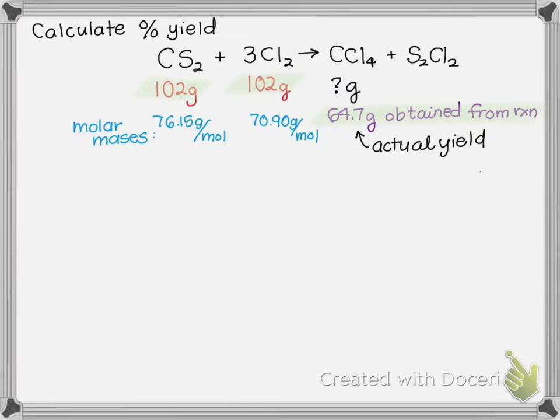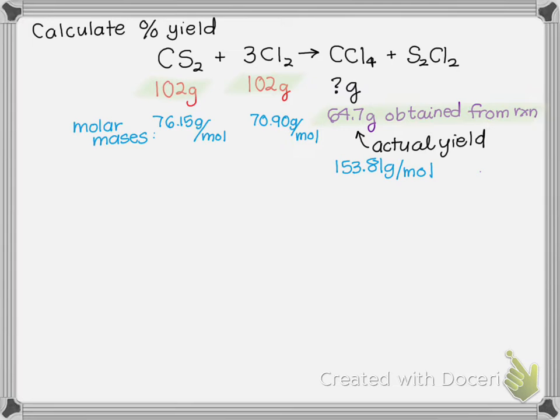Okay, so calculating carbon tetrachloride, its molar mass is 153.81. Okay, so in blue are the molar masses that I calculated from the formulas.